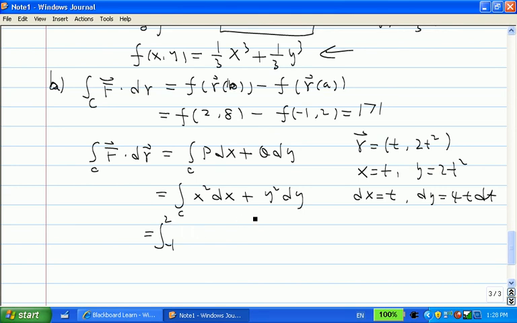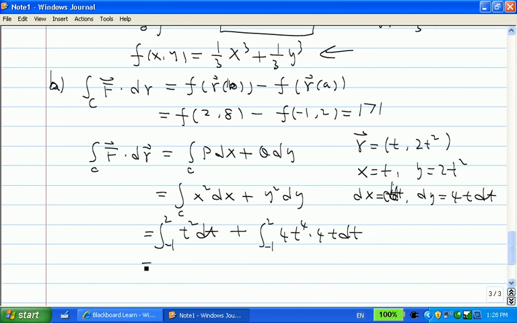Replace x by t, so you get t squared, and replace dx by dt, integrating from minus 1 to 2. Then y equals 2t squared, square that to give you 4t to the fourth, and dy equals 4t dt.